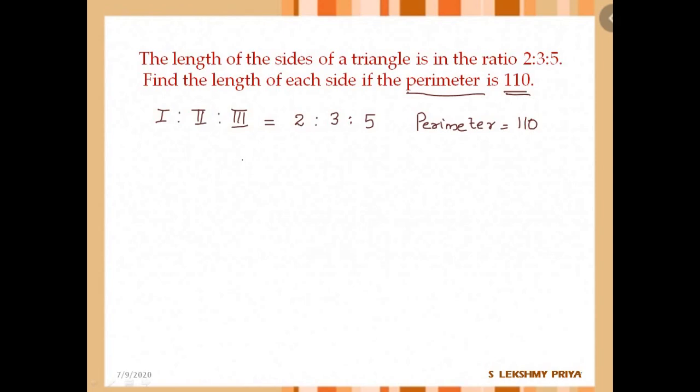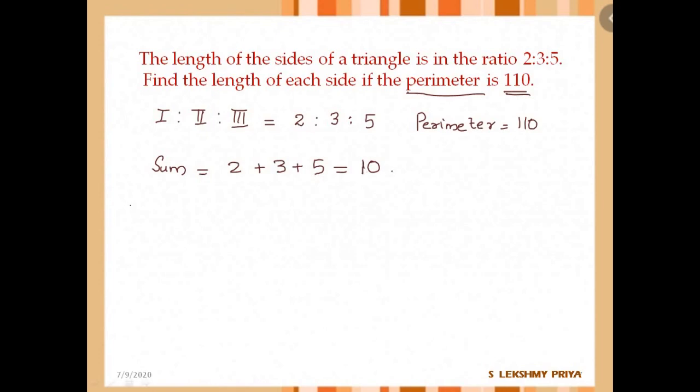Now what to do? We need to find the length of each side. So let's use the property. Let's find the sum of the terms in the ratio. Sum of the terms in the ratio is 2 plus 3 plus 5. It is equal to 10.